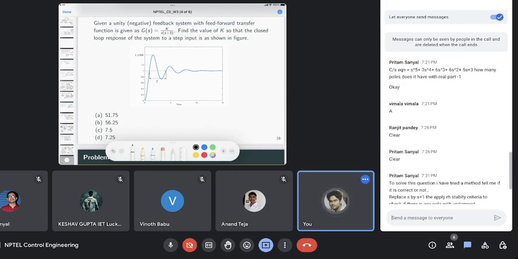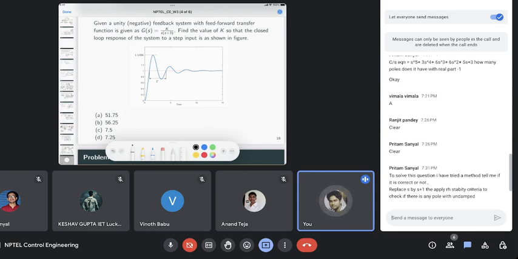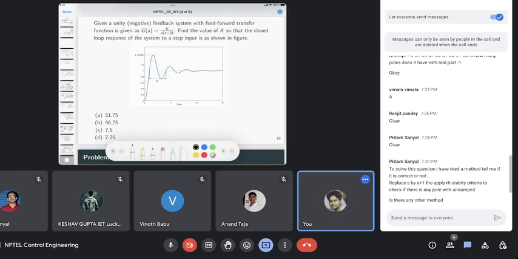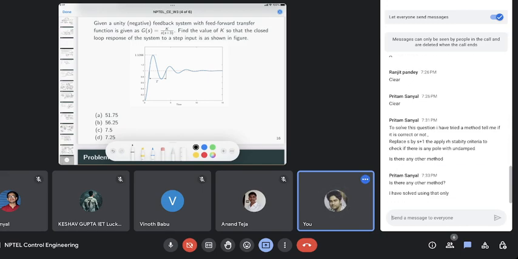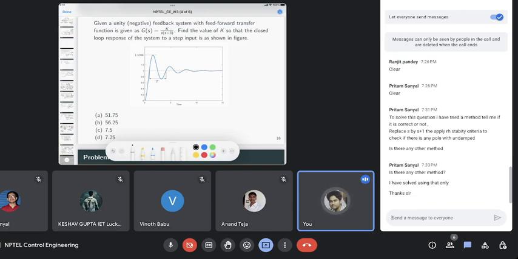If I were you, I will do that method. I will check and get back to you if there are other methods to find this.